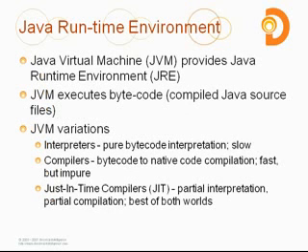Virtual machines, picking up where we left off. There are kind of three main variations of a virtual machine on the market right now. Actually, there's really only one left, and that's the just-in-time compiler, or JIT.